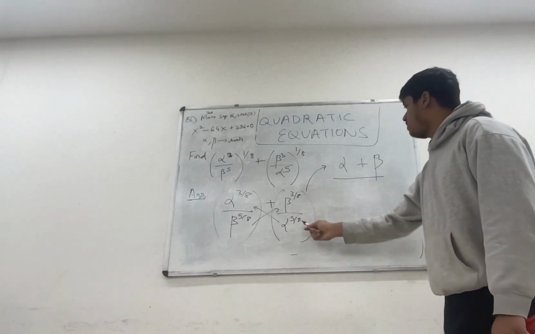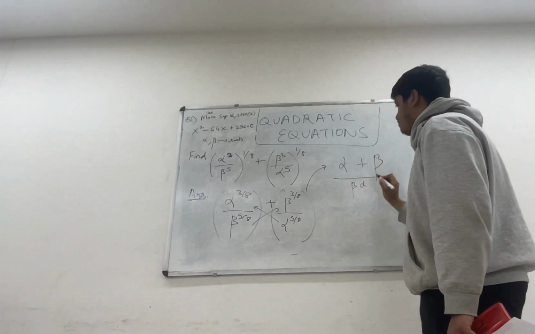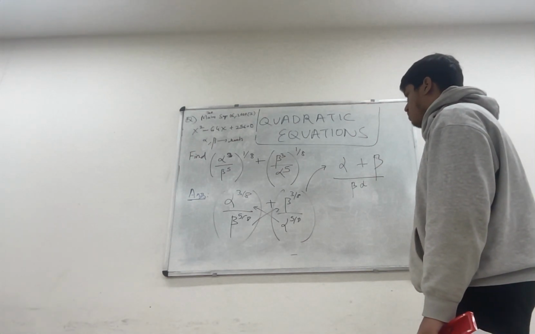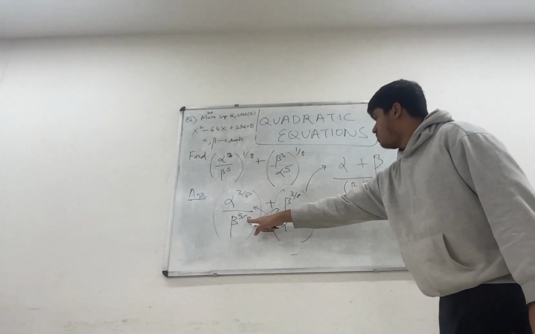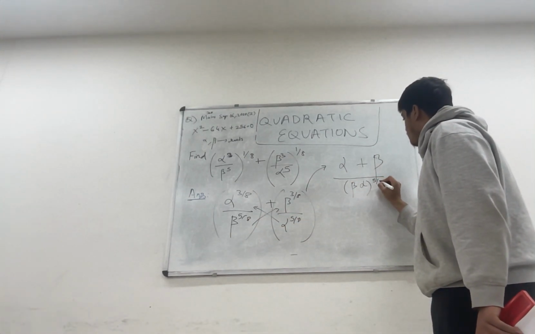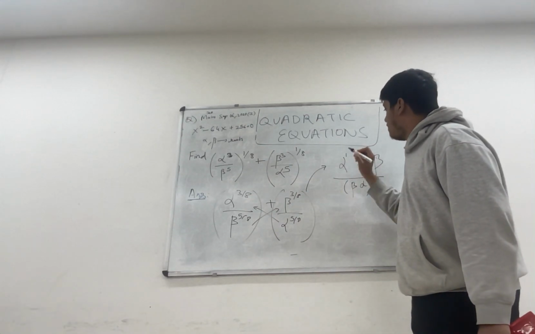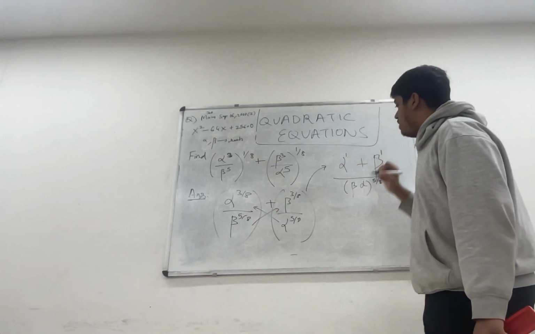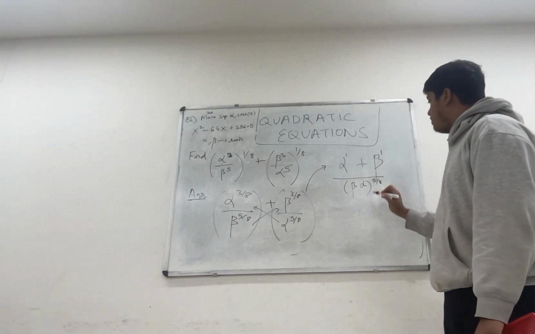Here the power went to 1, alpha power 1. Here the power went to 1, beta power 1. And here you take the product of the denominators, beta power 5 by 8, alpha power 5 by 8.